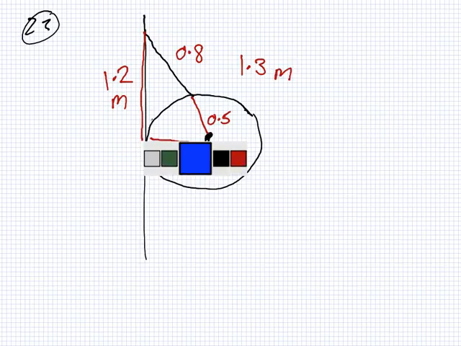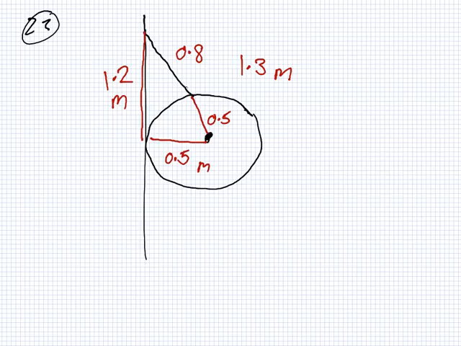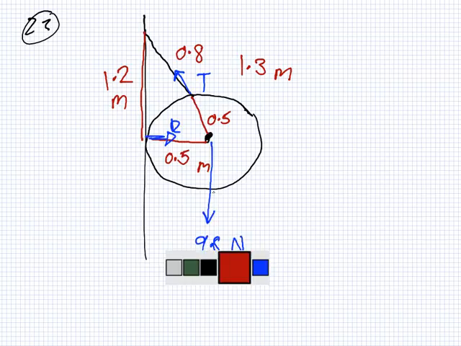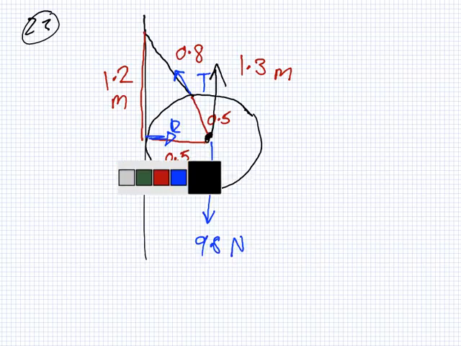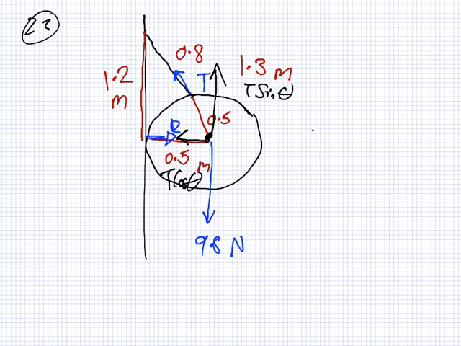And then all forces act towards the center. So there's a tension here, T. There's a reaction here, R. And there's a weight, which is mg. The m is 1, so that's just 9.8 newtons. We can resolve this into T cos theta and T sine theta. So T sine theta equals 9.8. The verticals are equal.